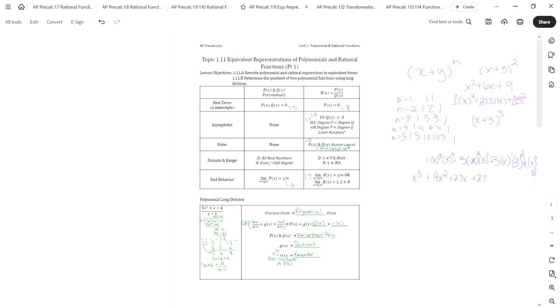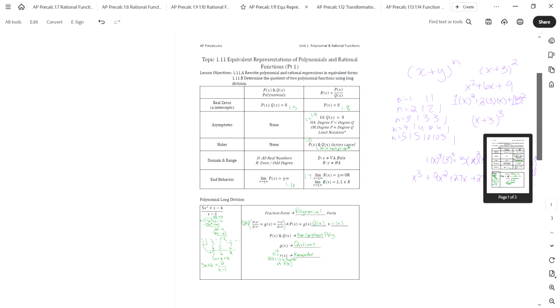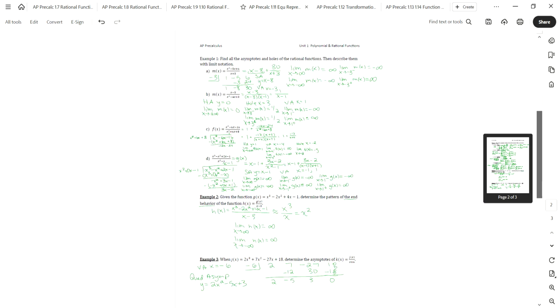The reason we didn't cover this at this time was because it had been quite a while since we had done polynomials. We were in the thick of rational functions, so I didn't want to distract you with this. After this we just did long division, finding asymptotes, finding holes, stuff we had already done before.